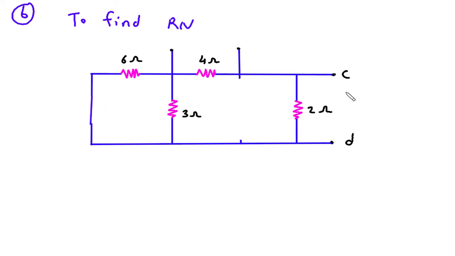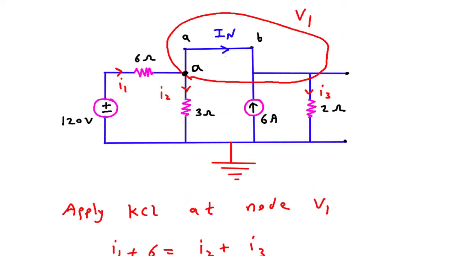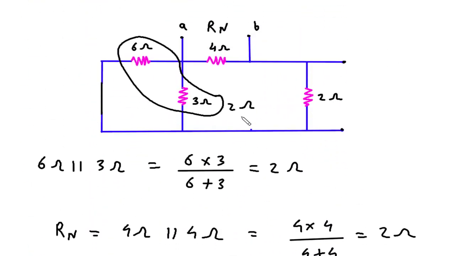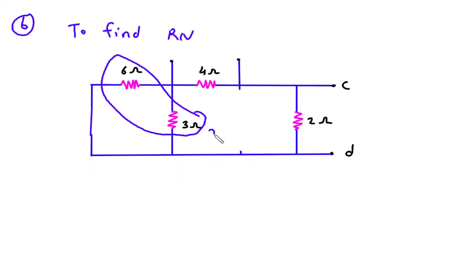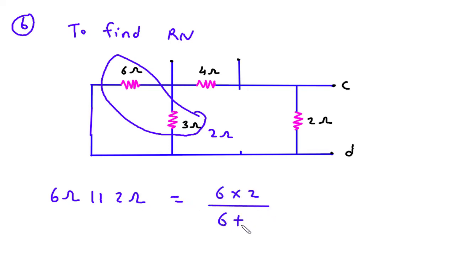Now from CD, this will be 6 ohm parallel with 3 ohm. We have already calculated this. It is 2 ohm. Now this 2 ohm is in series with this 4 ohm, so this will be 6 ohm. So 6 ohm parallel with 2 ohm will be 6 into 2 divided by 6 plus 2.